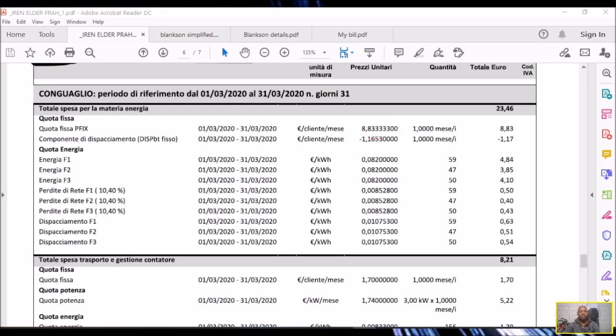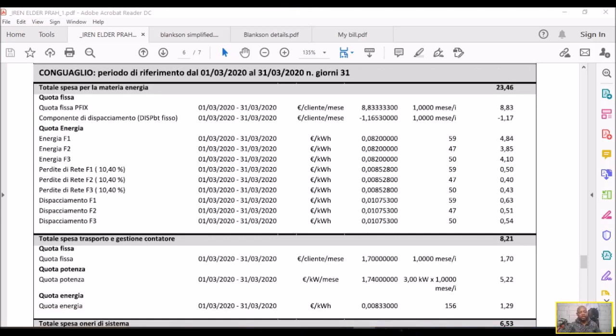Over here you see something like componente di dispacciamento, and here it is a minus, because it seems like within the contract they made with this person, they were giving him that discount of 1 euro 17 cents, which means that within the contract they excluded the payment of componente di dispacciamento, in this case, which is 1 euro 17 cents.